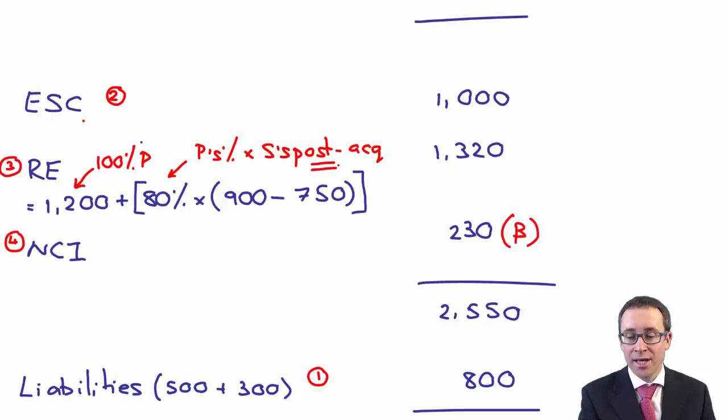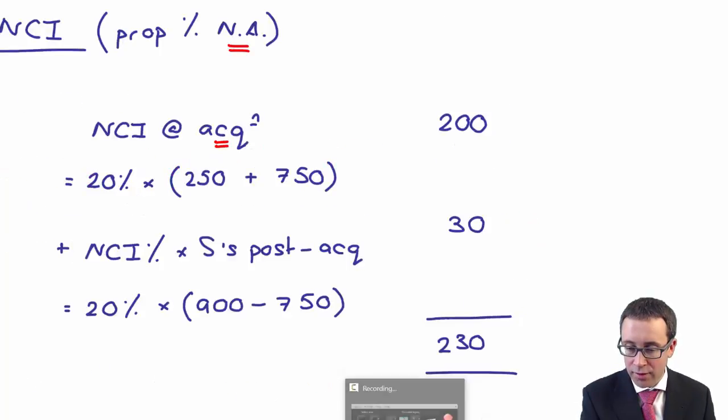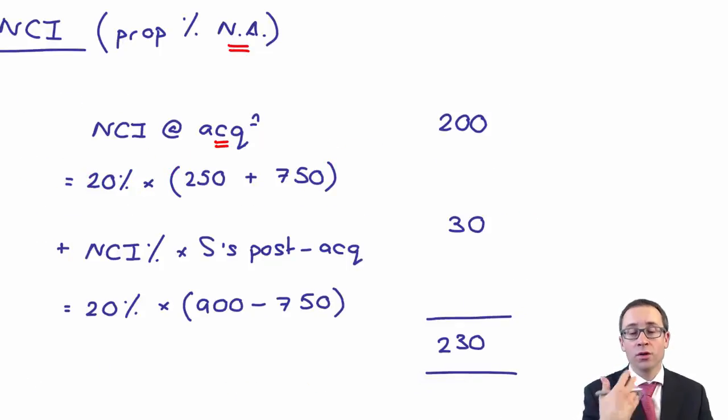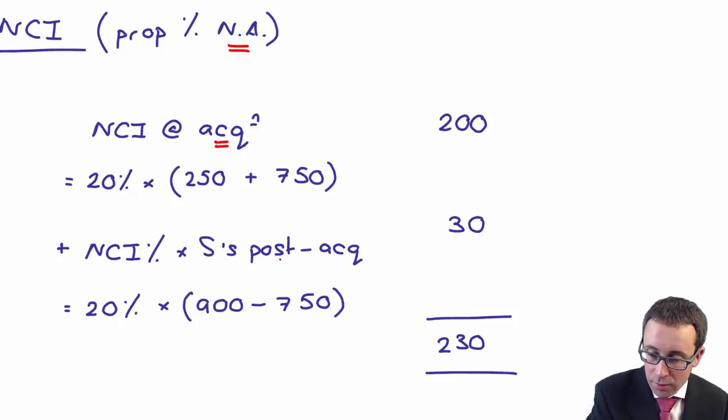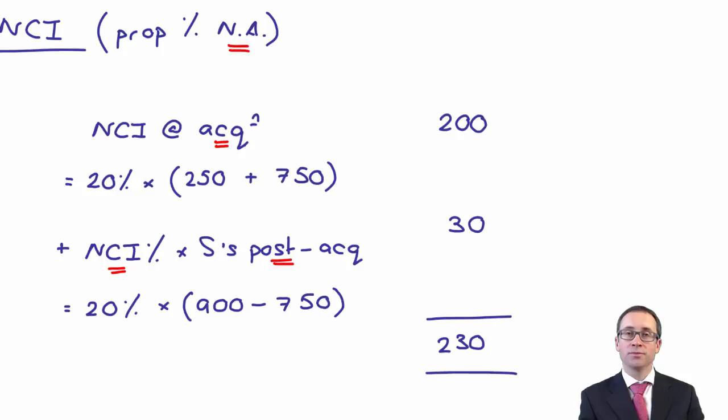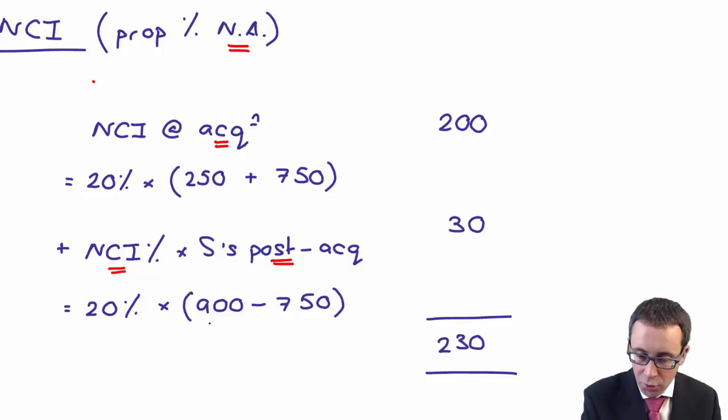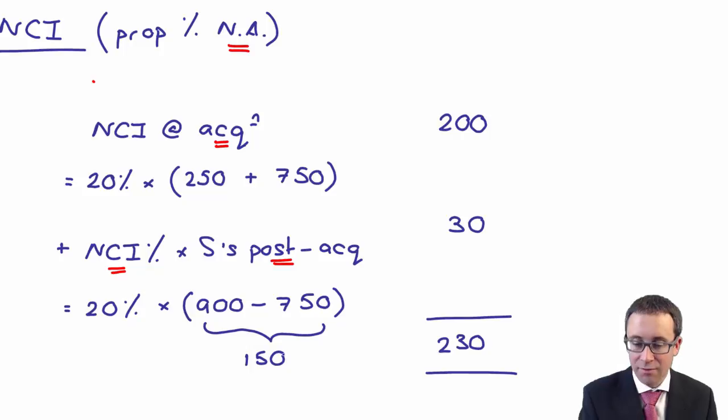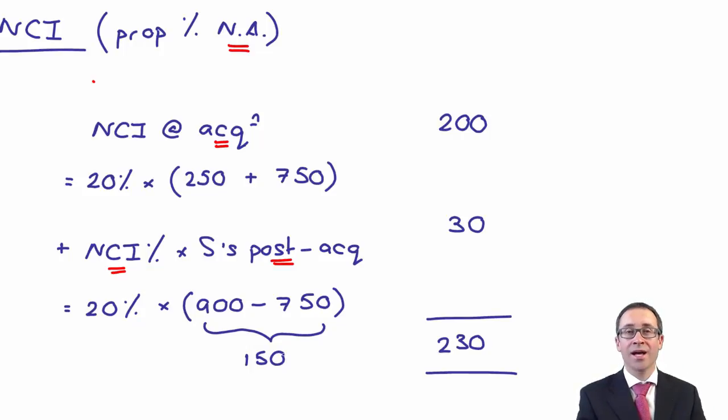Now we're taking the same post-acquisition profits and looking at what the non-controlling interest own of those post-acquisition profits. They own 20% of the 150, which is the movement, isn't it? So the movement from 900 when it was originally 750, and 20% of 150 is then the 30.